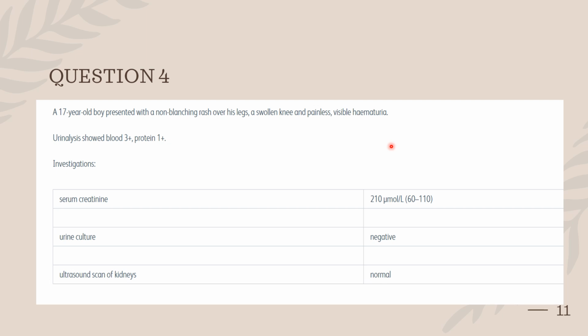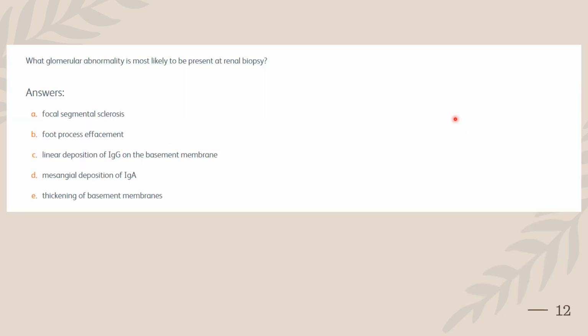And the creatinine is high, urine culture is negative, ultrasound scan of kidneys is normal. And there is hematuria and proteinuria. What glomerular abnormality is most likely to be present? So there is a non-blanching rash and hematuria as well as knee pain.